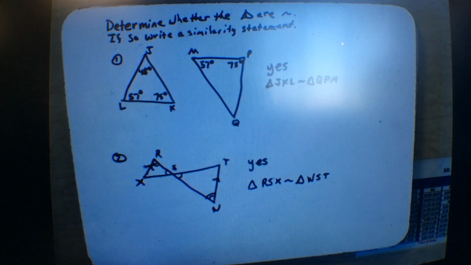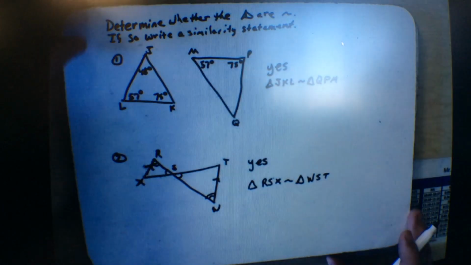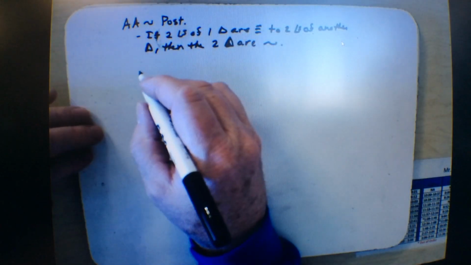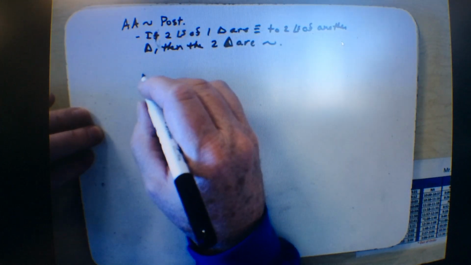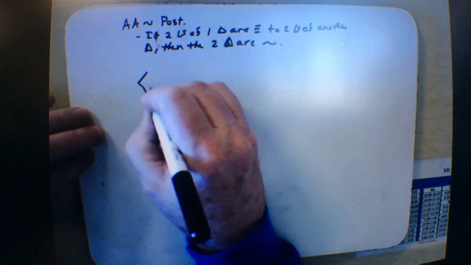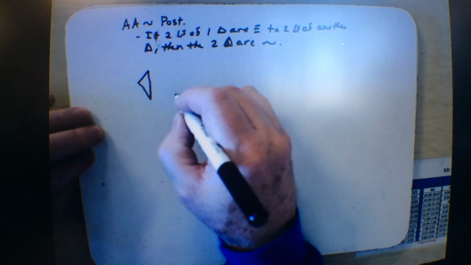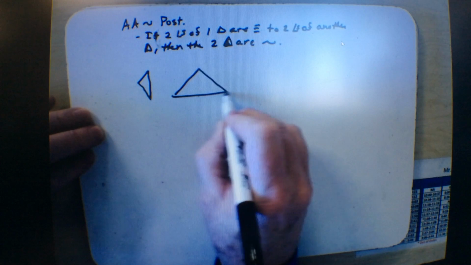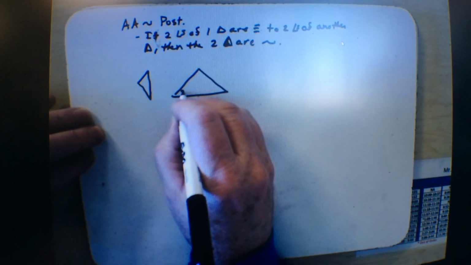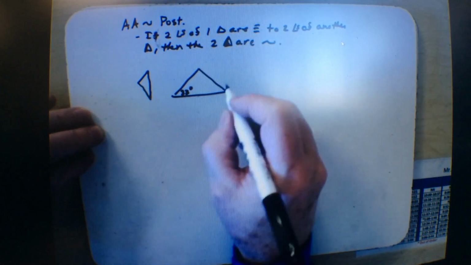Okay? Now, an example where they wouldn't be similar is maybe something like this, and this would be the example on page 513, letter C. We have a triangle like this, and I'm going to have trouble writing the angles in here, but this is 32 degrees, 32 degrees, and this one is 29 degrees.